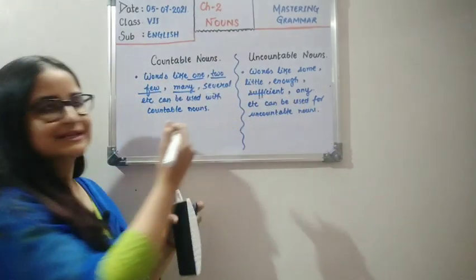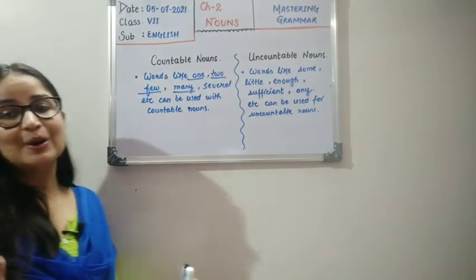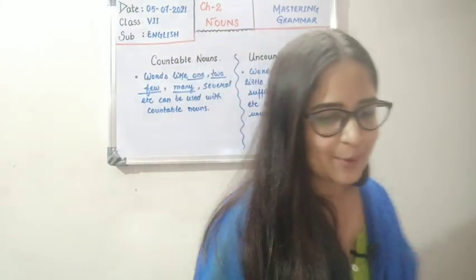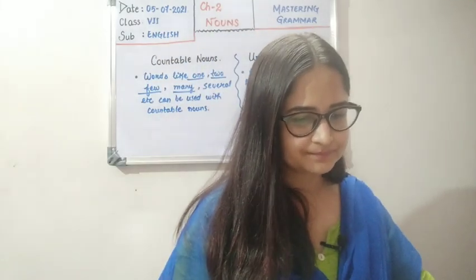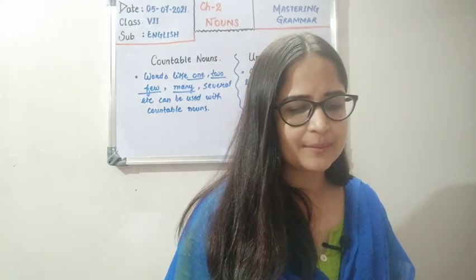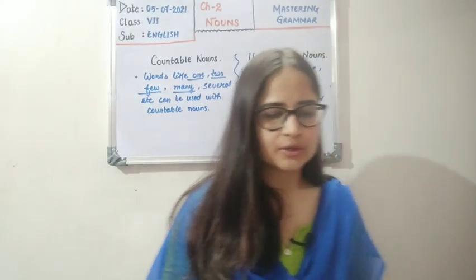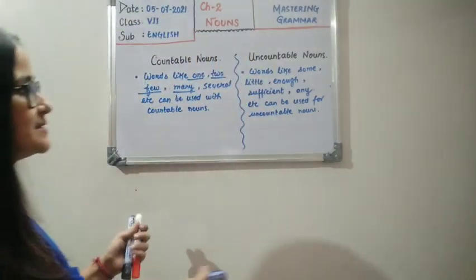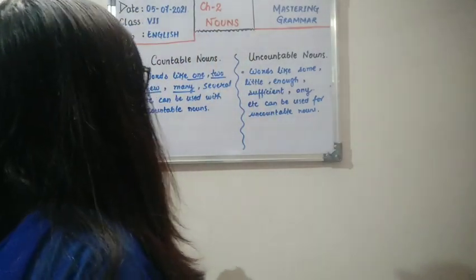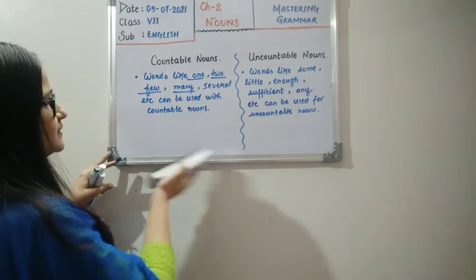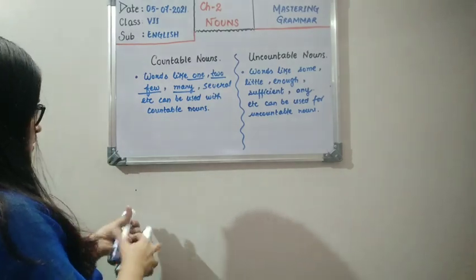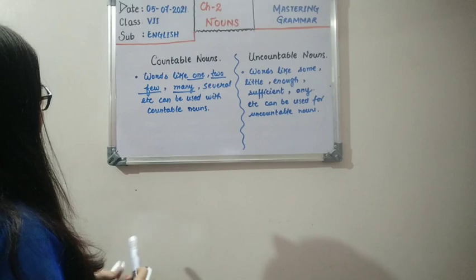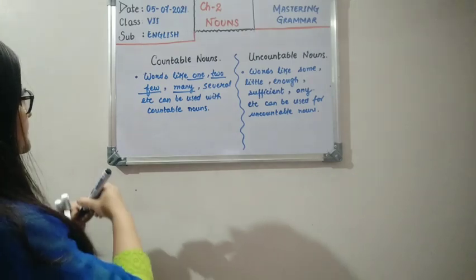Right children, this is clear, I hope so. Now moving to the next point. Uncountable nouns can be used as I told you. Let me give you an example for this because we have done with the differentiation, so that you can understand better.